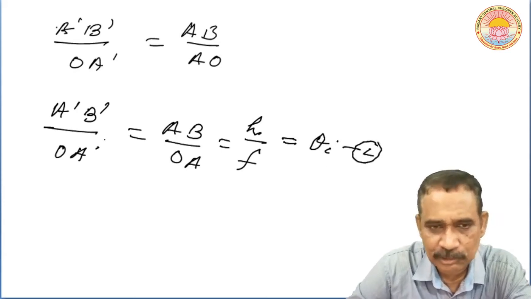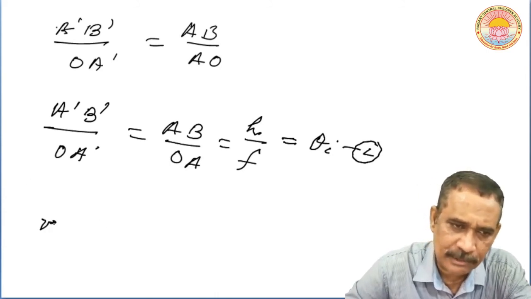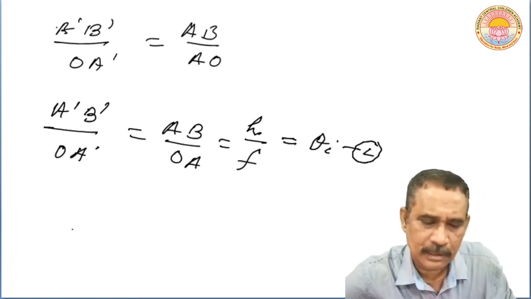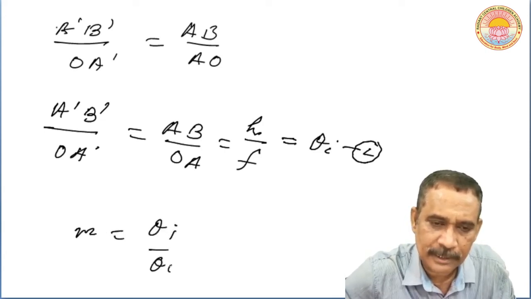And we already know that the angular magnification M equals theta I upon theta naught.